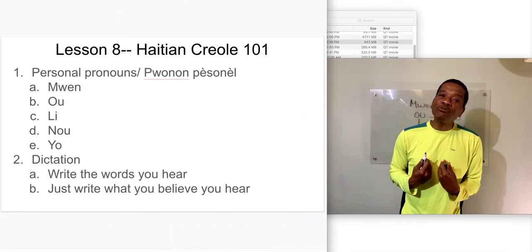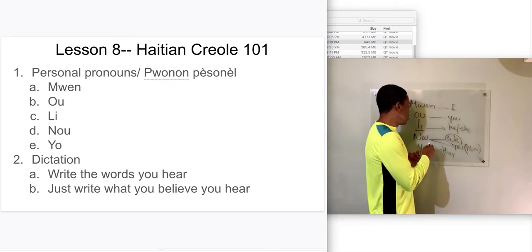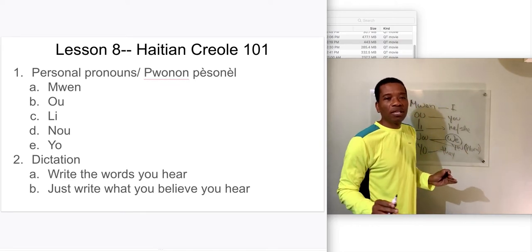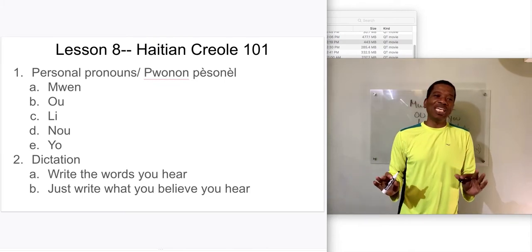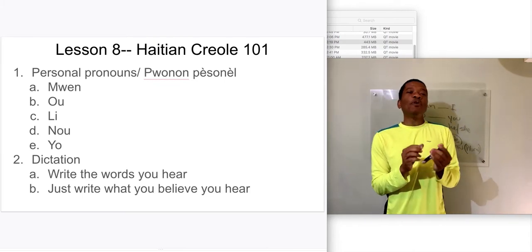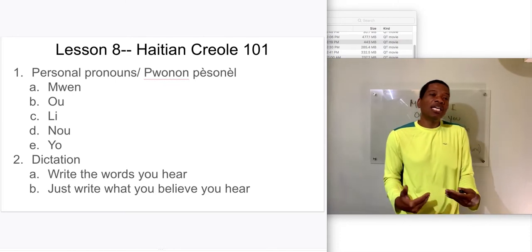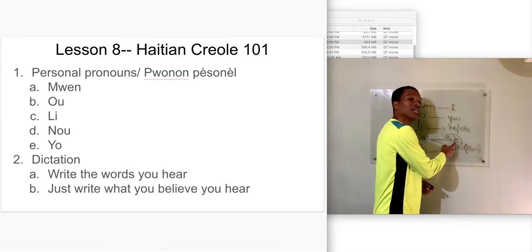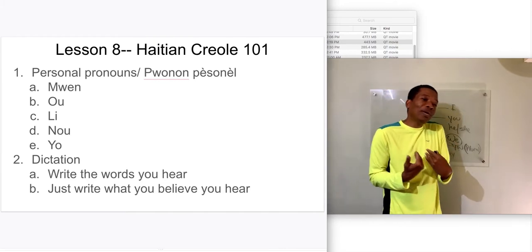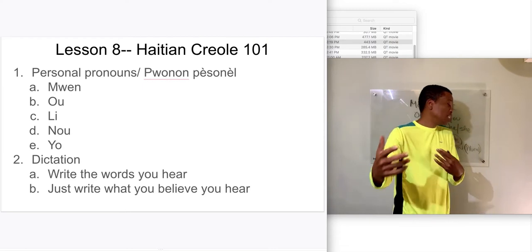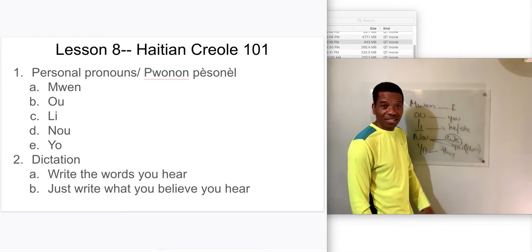Now, let's talk about this a little. How do I make the difference when it is we or when it is you, the plural? The only way you can make the difference is if the person speaking is part of it, then it's we. If the person speaking is not part of it, but referring to more than one person, then it is you plural.